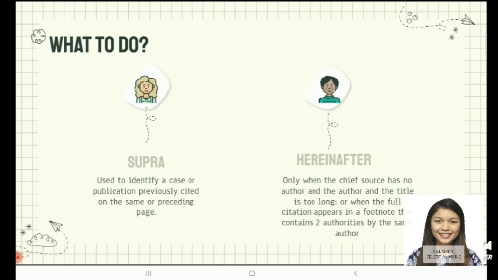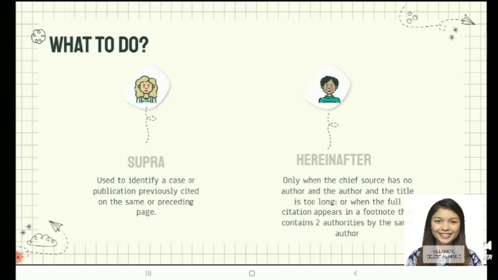We use supra to identify a case or publication previously cited on the same or preceding page. We use hereinafter only when the chief source has no author and the title is too long, or when the full citation appears in a footnote that contains two authorities by the same author.